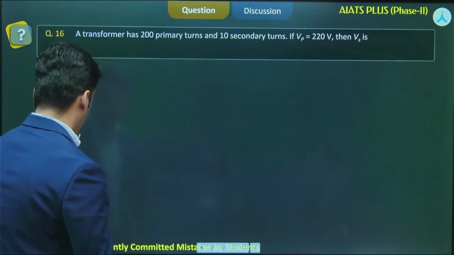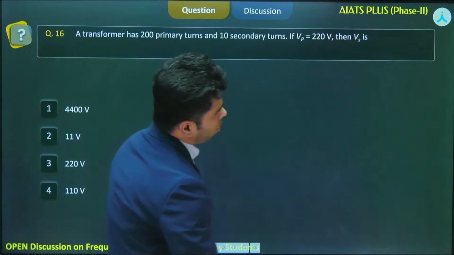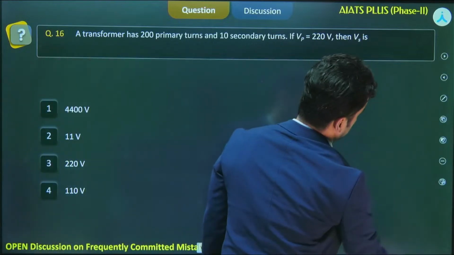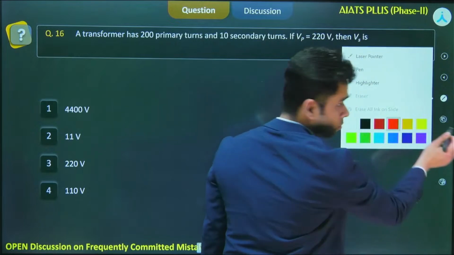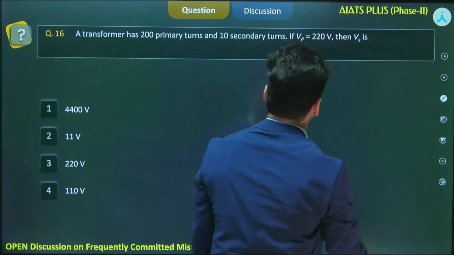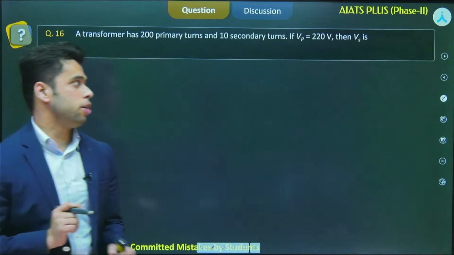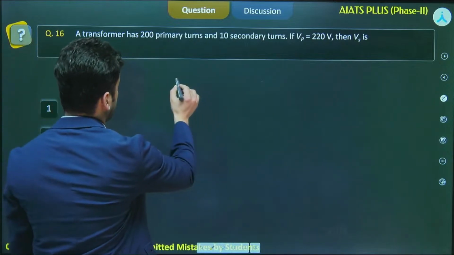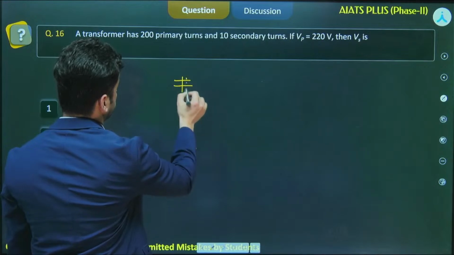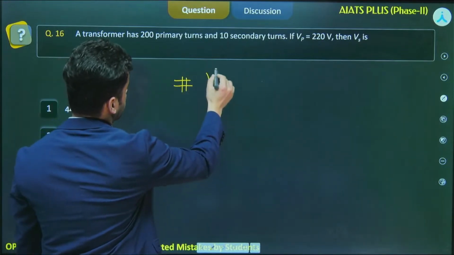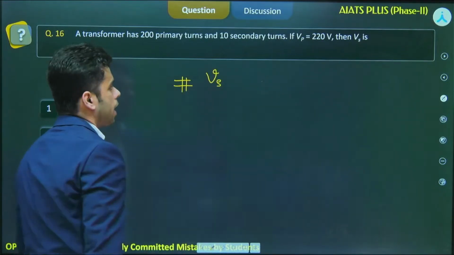Now, let me solve this for you. Before solving, you must be thorough with the concepts of the problem. Let us first understand the terminology.